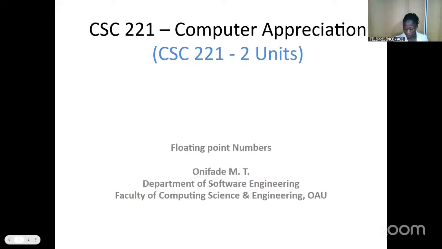Based on our formal knowledge of the course, CSA 221 Computer Appreciation, we are looking at the floating point number.